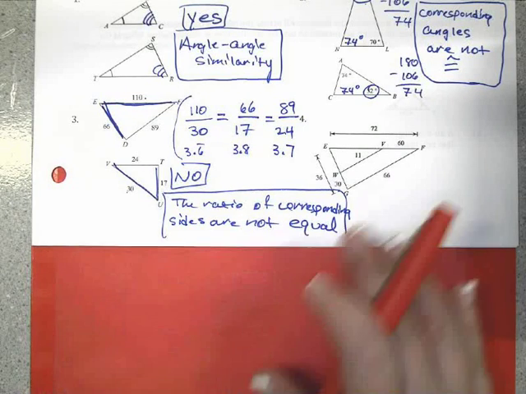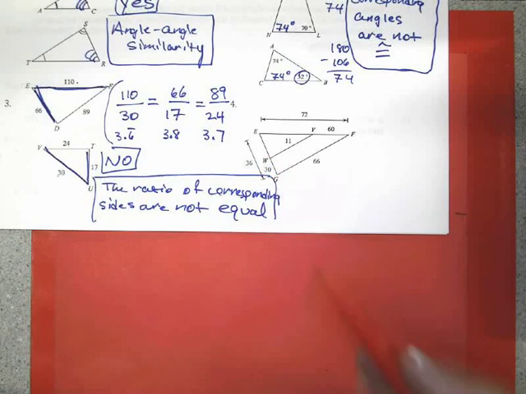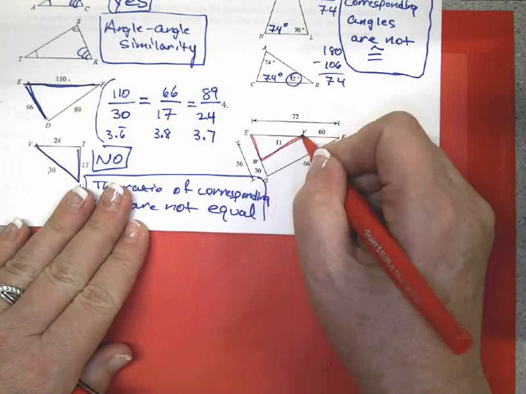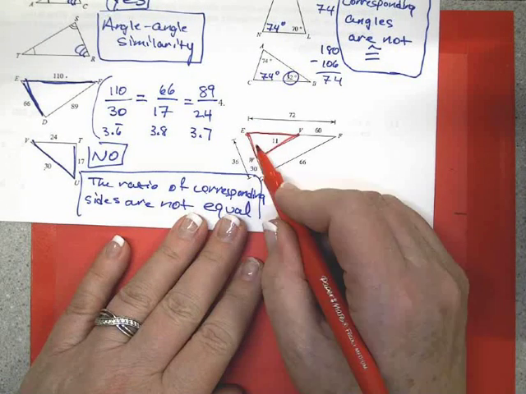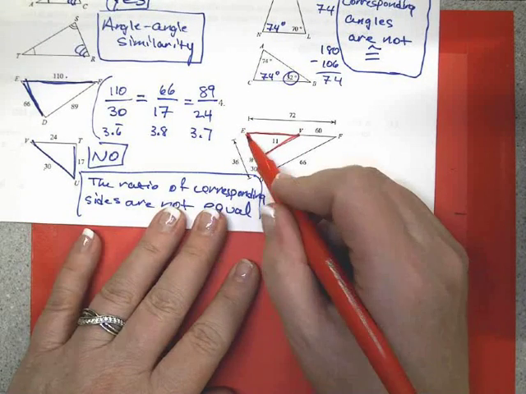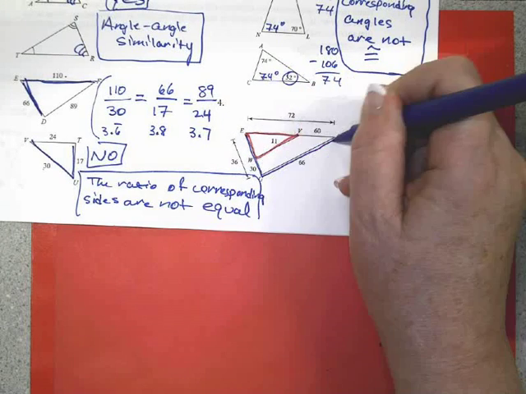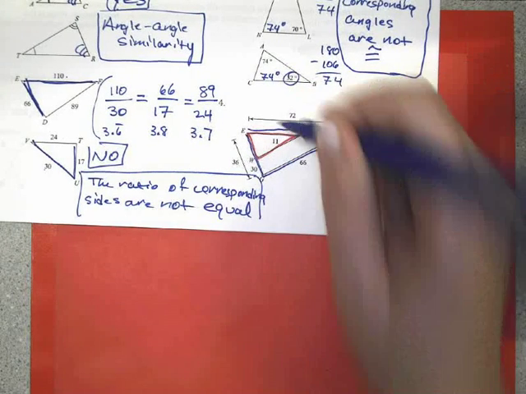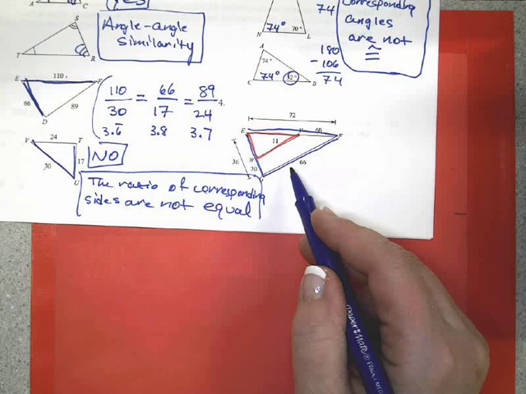Okay, and then the last one on this page, we have two triangles that share a common vertex right here, and they share some of their side lengths. So I have this small triangle, and then I have this larger triangle, and we are going to determine whether or not these are similar. So let's go ahead and set up the ratio of the side lengths.